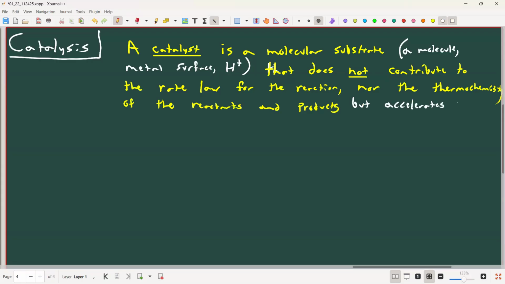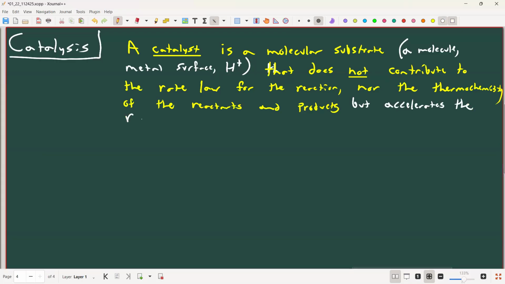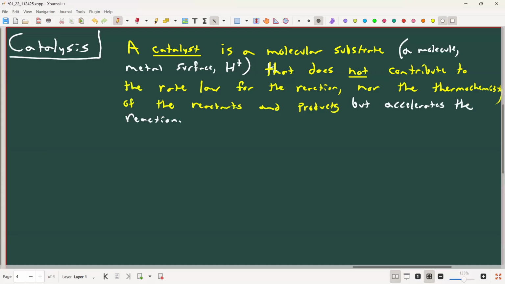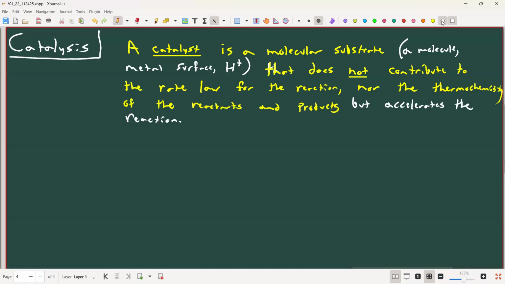That's kind of an awkward way to say that. All right, so let me rephrase that a little bit. A catalyst is something that accelerates the kinetics of the reaction, but does not change the states of the products or reactants, and doesn't show up in the kinetics, doesn't show up in the rate law. So it's just an object that exists in your reaction that participates in the reaction, but does not appear in the stoichiometry at all.